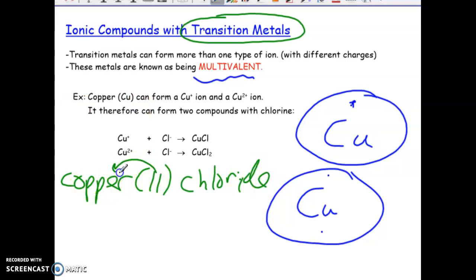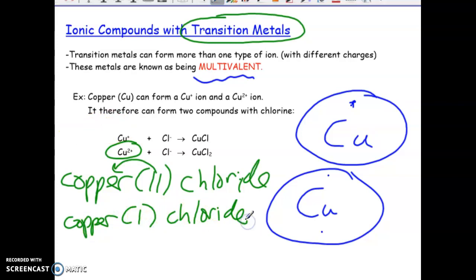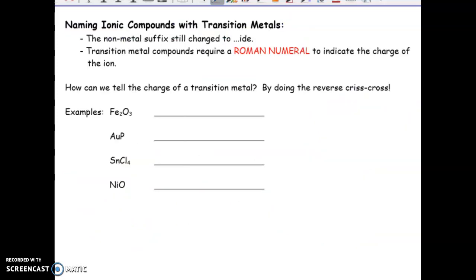So copper 2 chloride would tell you you're using the positive 2 charge. If it was copper 1, it would have a Roman numeral of 1. So it's kind of nice when you're doing crisscross with multivalents, like transition metals, you automatically know which one they're discussing because it literally has it in the question.